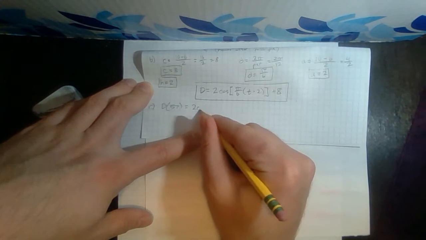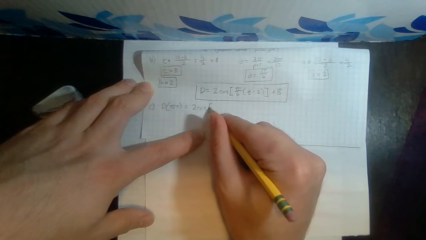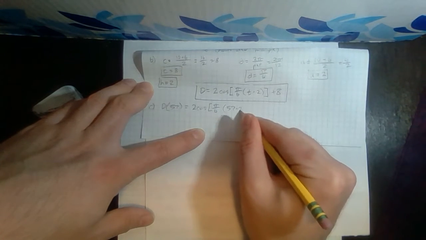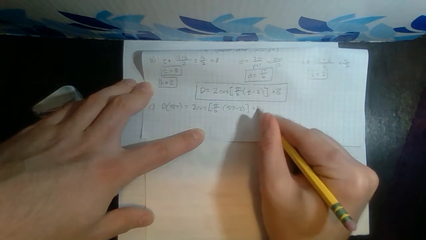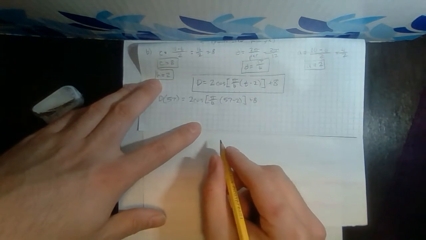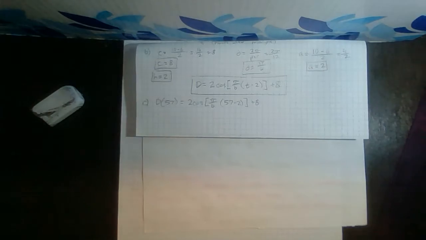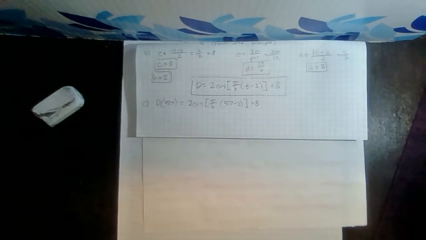So we're going to plug in 57 for t. Pi over 6 times 57 minus 2, plus 8. And we can plug that all in the calculator.